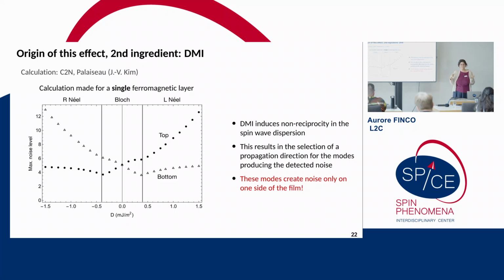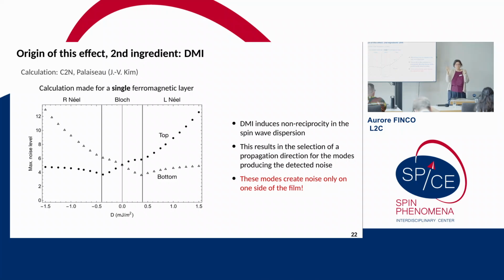And there's something else that I didn't talk about, and I think Amir will go into more detail about it tomorrow. There is also a filtering effect in k from the height of the NV center. We are mostly sensitive to what happens at k corresponding to 1 over the distance of the NV to the film. So we have this double filtering effect from the NV, and we have this Dzyaloshinskii-Moriya interaction, which is distorting the dispersion.